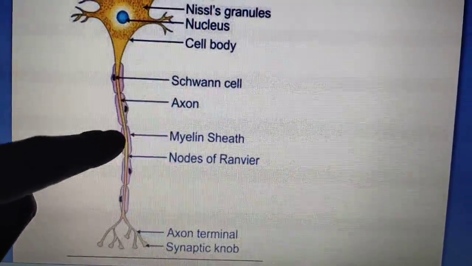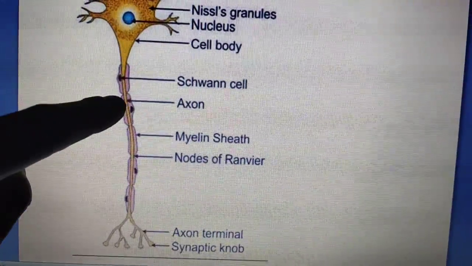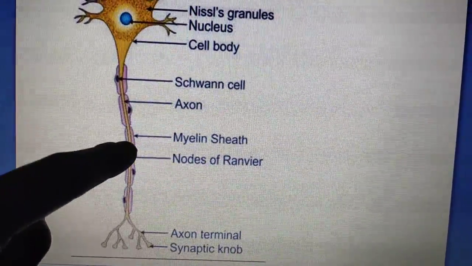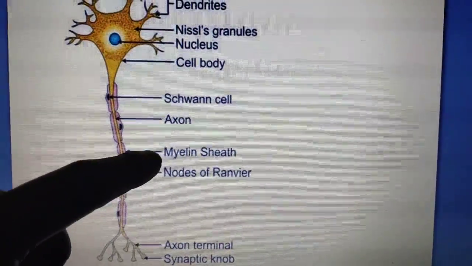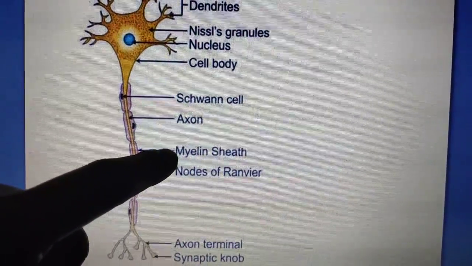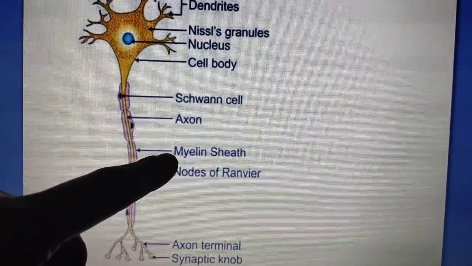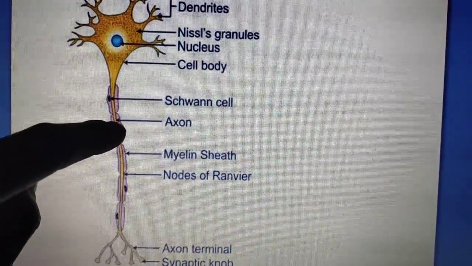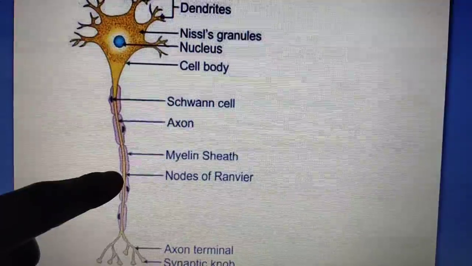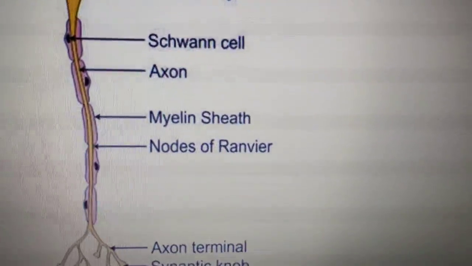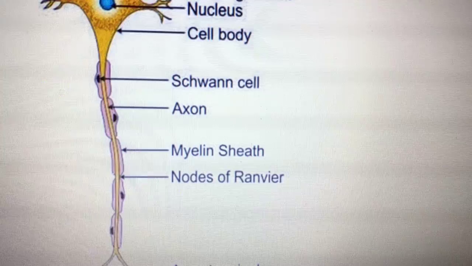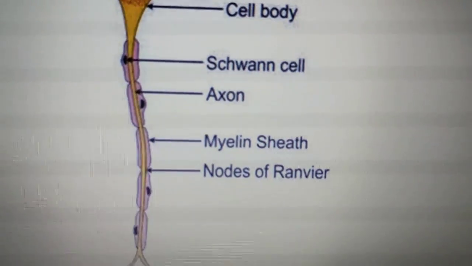These Schwann cells have a covering layer that we call the myelin sheath. This is the protecting and conducting layer of the neuron. Between the Schwann cells there are junctions, spaces that we call the nodes of Ranvier. Have you seen this?